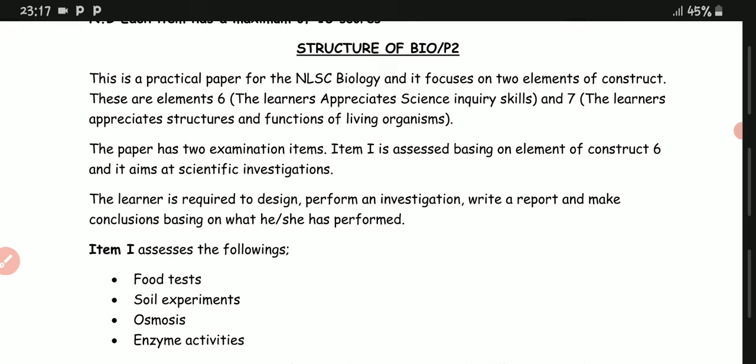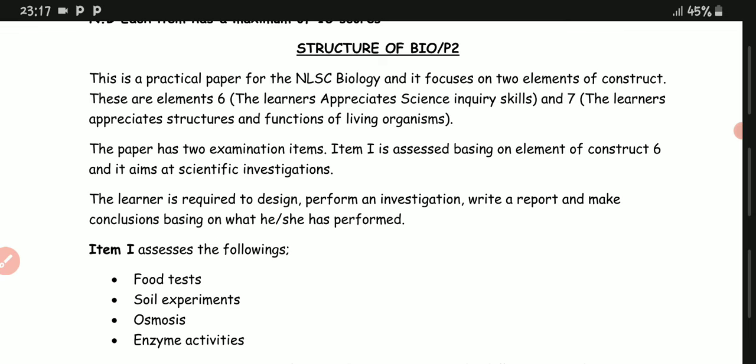Biology paper 2 is a practical paper for the national lower secondary curriculum biology, and it focuses on two elements of constructs: element of construct 6 and element of construct 7.